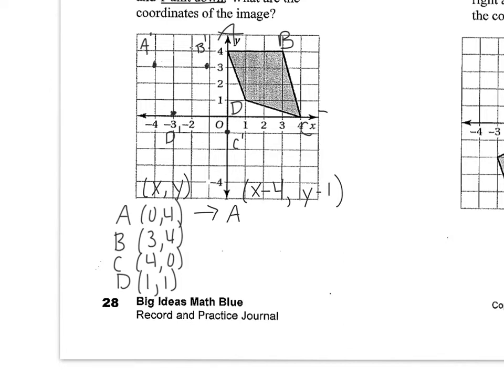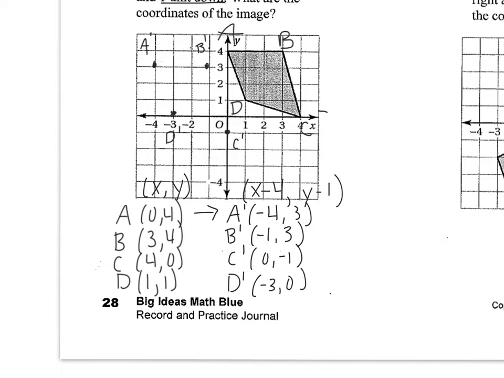Therefore, my new A prime, the ordered pair, would be (-4, 3). The ordered pair for B prime would be (-1, 3). C prime would be (0, -1), and D prime would be (-3, 0).